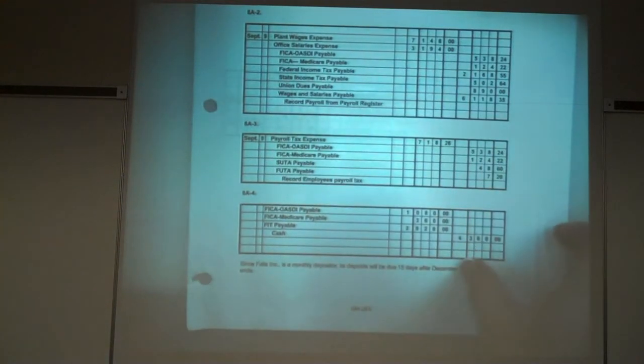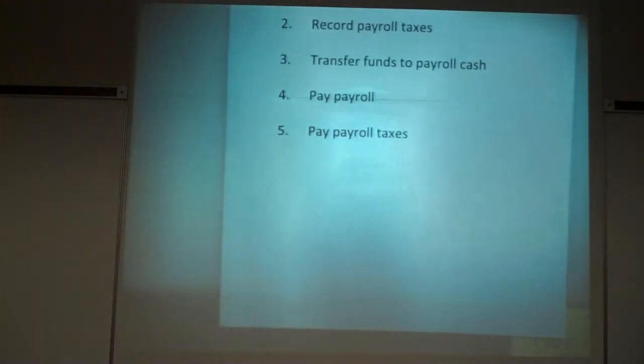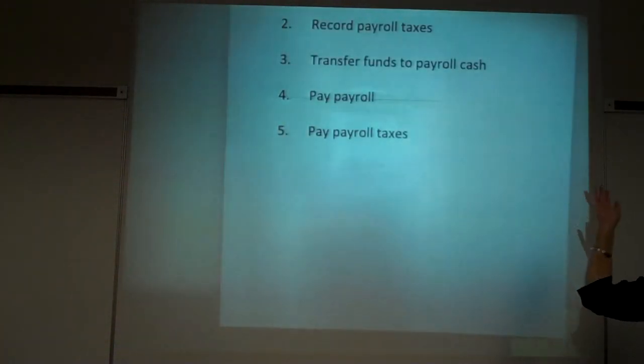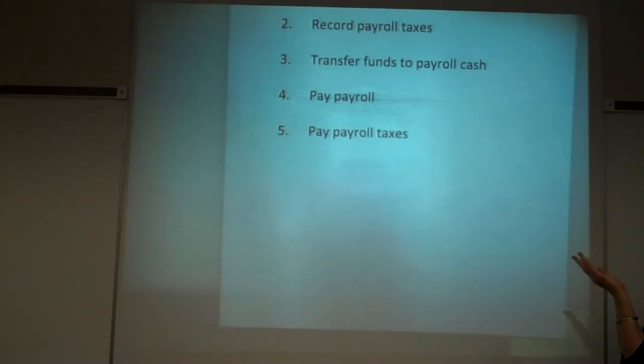Right, so that's transaction 4. I think when we break the payroll down to just these 5 basic transactions, it's really not that difficult. You did all the hard work when you did the payroll register, where you had to do the percents and all that calculating and your totals. Recording it isn't too bad.